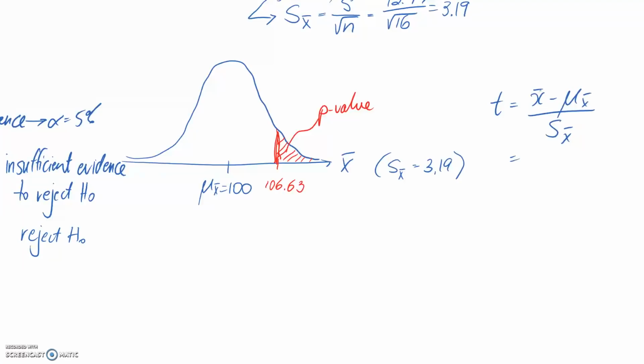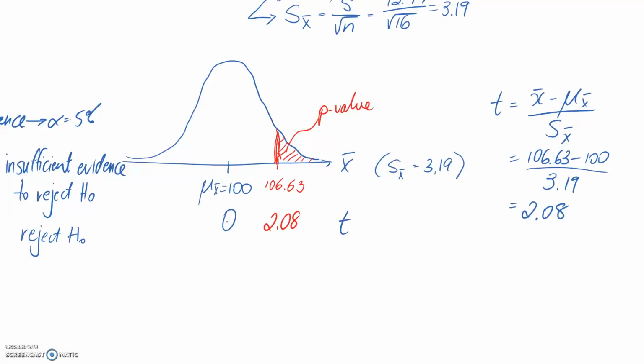So substituting in here, our x bar is this 106.63, our average is 100, and the standard deviation here is going to be 3.19. If you pop that in a calculator, you end up with 2.08. So we're converting into the t side of things, so that means that this becomes 2.08, and if you convert your mean, it would end up going to 0 on the t-scale.